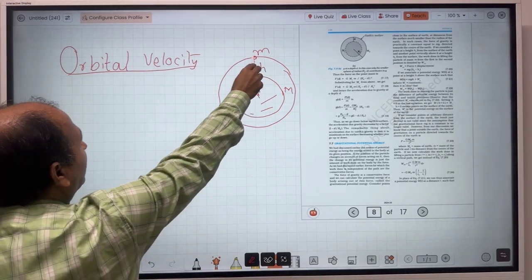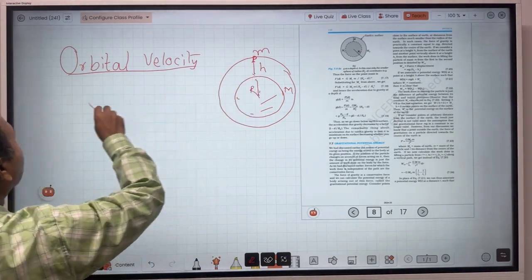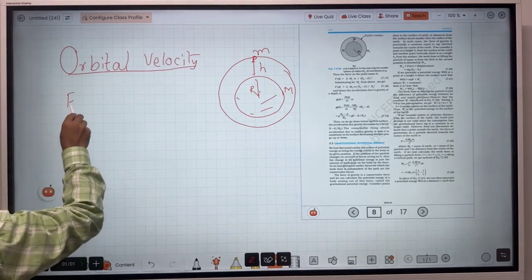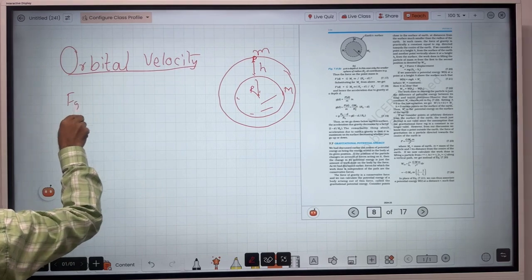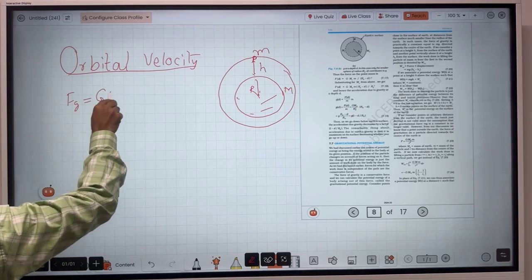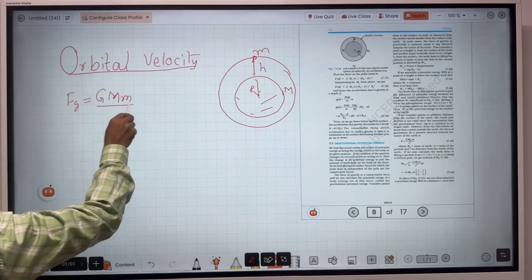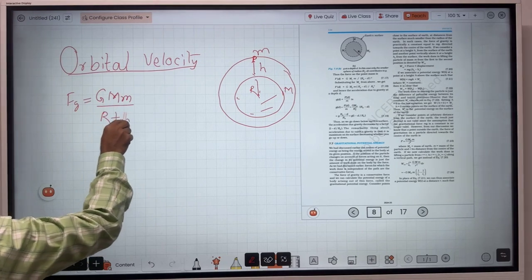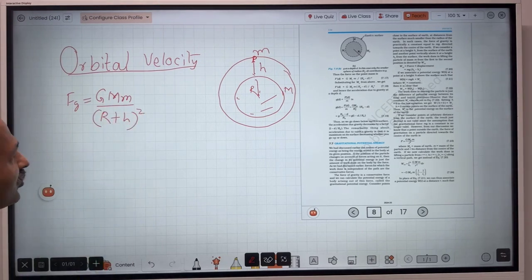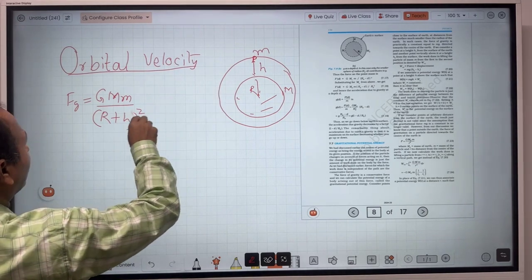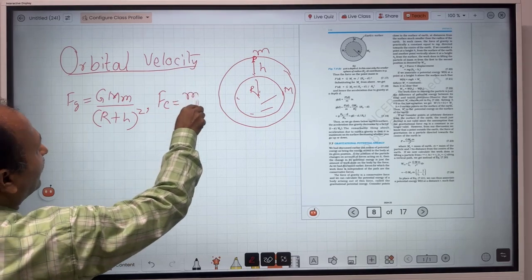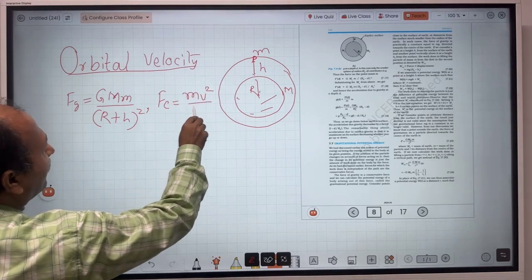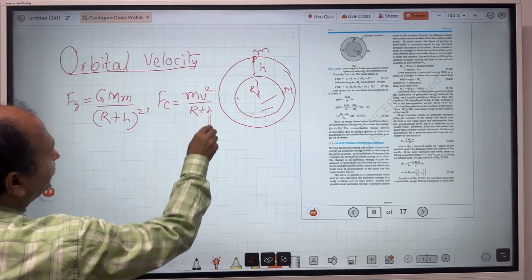Now the force on the satellite. The gravitational force, let's denote it as Fg, is equal to GMm divided by (R plus h) whole square. Any confusion? Newton's law of gravitation. And the centripetal force, say Fc, will be mv square divided by R plus h.